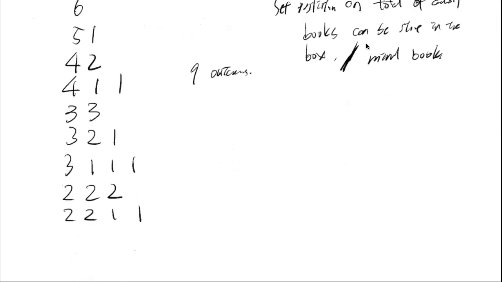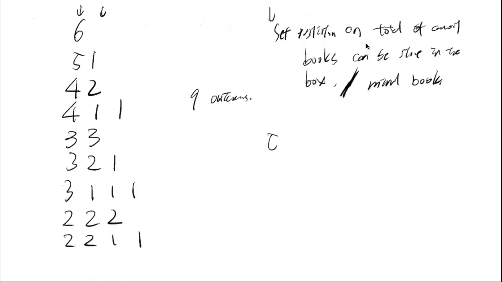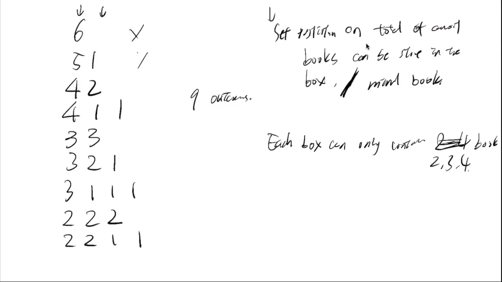So for example, if I tell you that each box can only contain 2 to 4 books, so it can only contain 2 or 3 or 4 books, then this doesn't work. This doesn't work. This doesn't work. This doesn't work. So only this one and this one work.